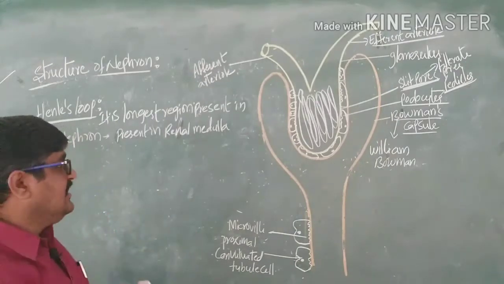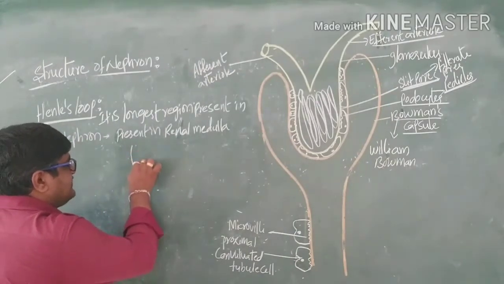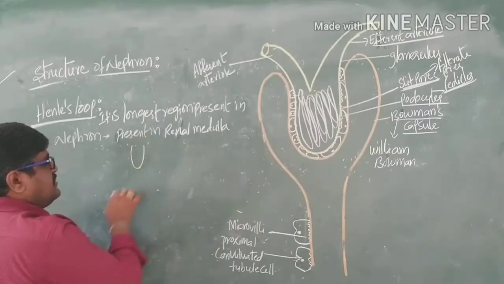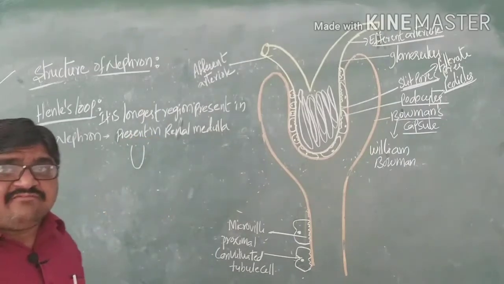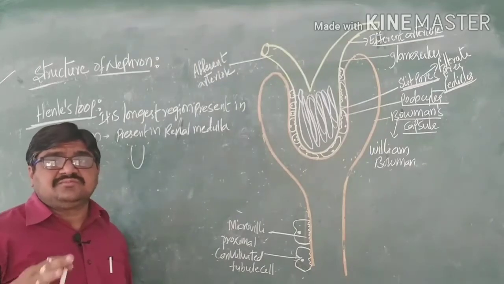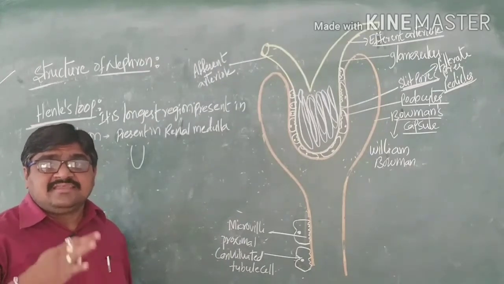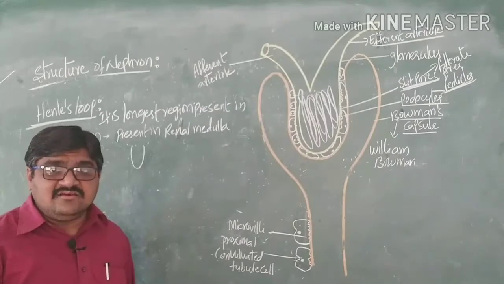It is a U-shaped structure present in the nephron. That U-shaped structure is called the Henle's loop.